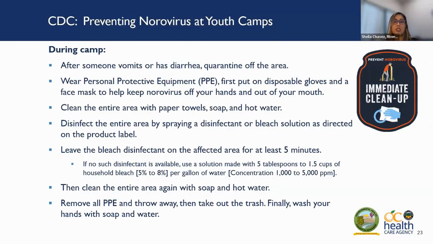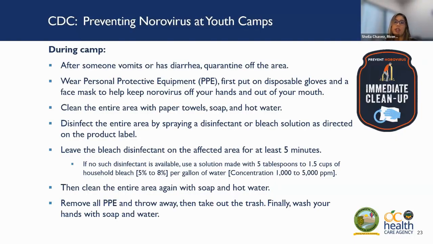Next, the area should be thoroughly cleaned using paper towels, soap, and hot water to physically remove any contamination. After cleaning, the area must be disinfected using an approved disinfectant or bleach solution, following the product label directions. The surface should remain wet for at least 5 minutes to ensure proper disinfection.